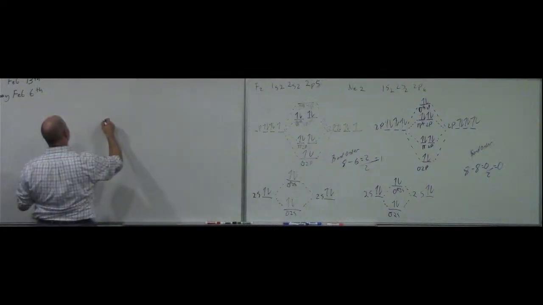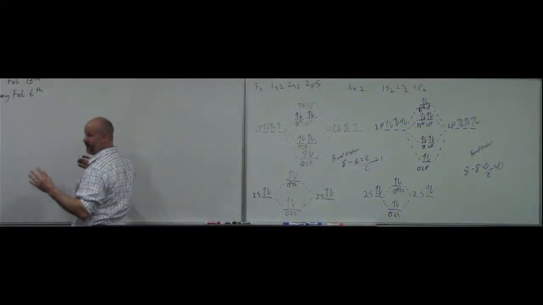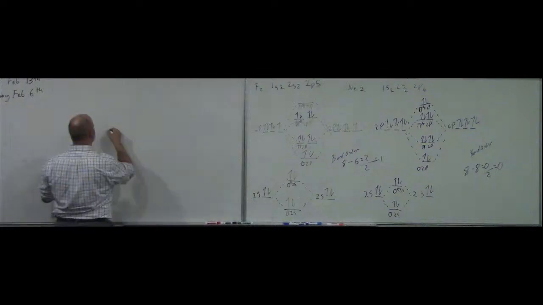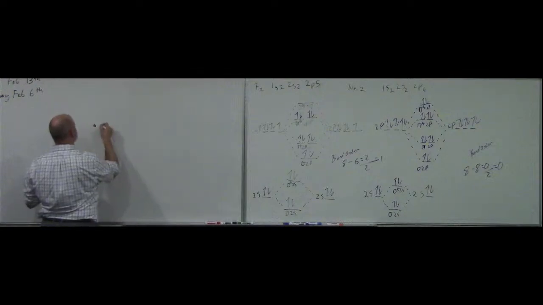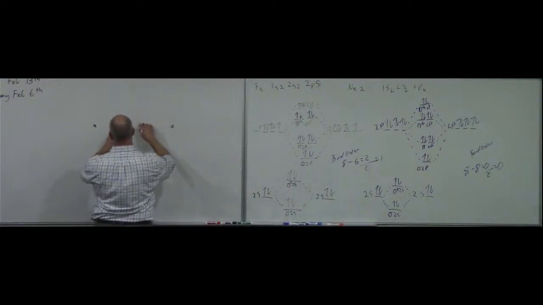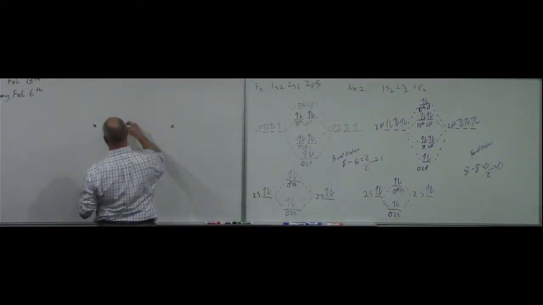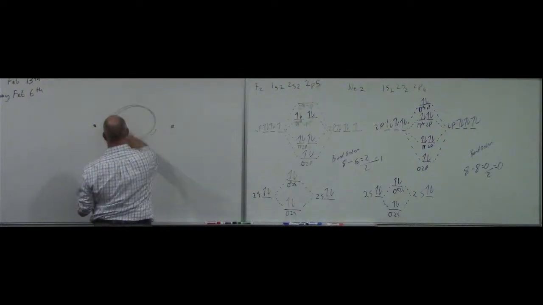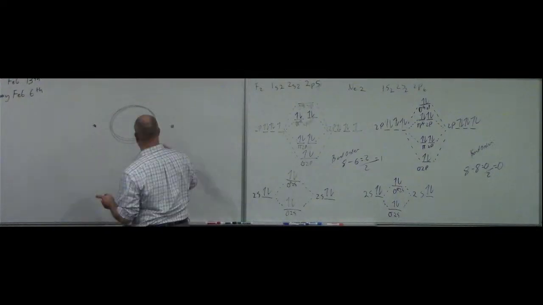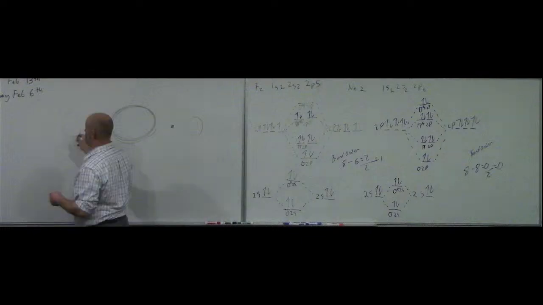So if we're perfectly in phase, right, then here's my little nucleus. If we are in phase, then we are going to be located here, right? If we are out of phase, we're going to be located out here, right?